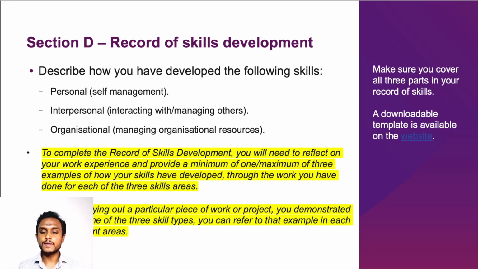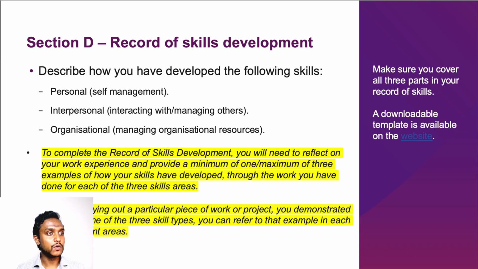On that note, we move to the final section, which is section D, record of skills development. Other than the technical core skills that you need to function as a management accountant, you also have to develop certain other skills that will help you. These skills are of 3 categories. Describe how you have developed the following skills.